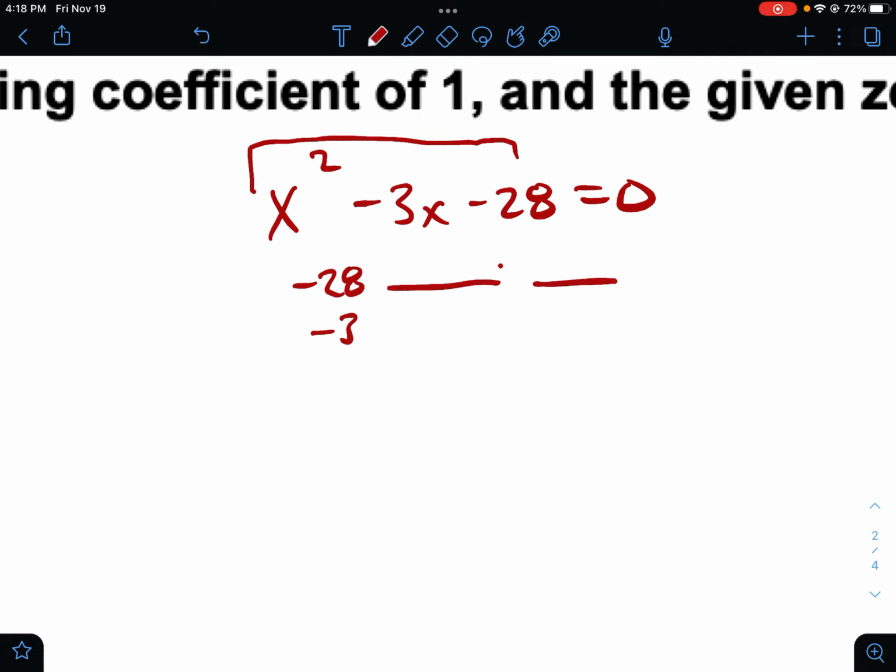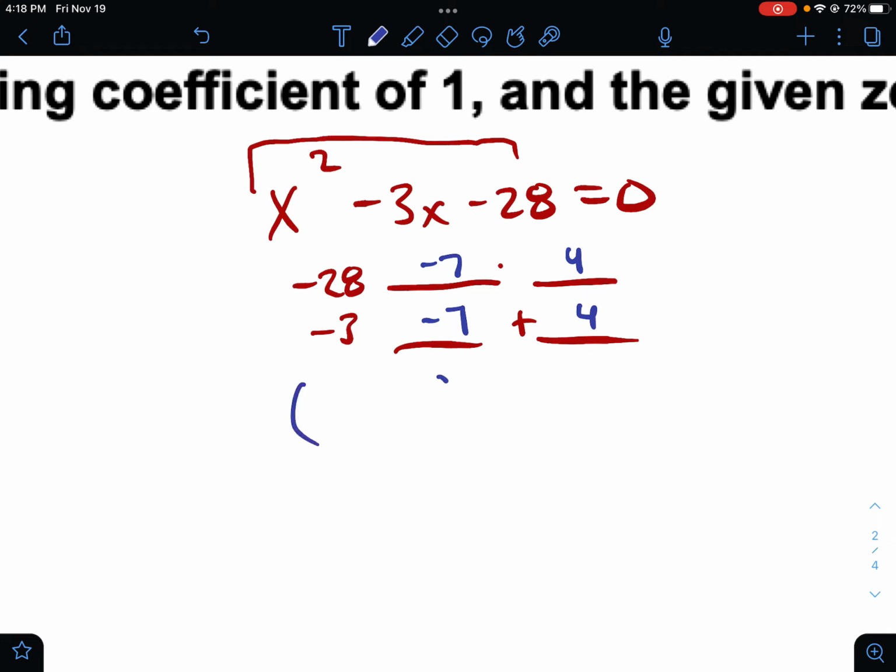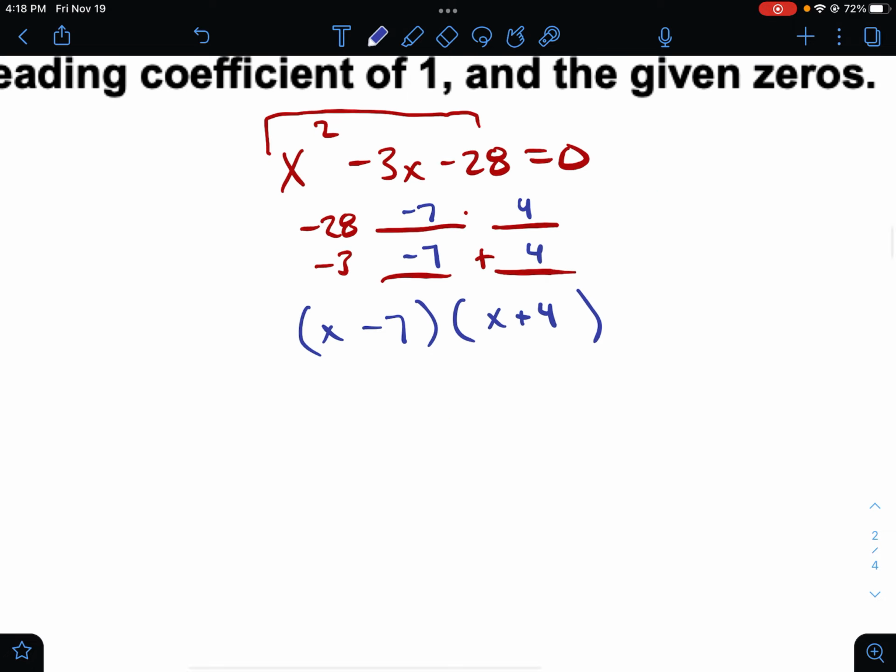B is -3. What multiplies to be -28 and adds to be -3? And so when you factor it, you're like, oh, okay, I think that's -7 and 4. -7 and 4 multiply to -28. -7 plus 4 is -3. So when you do your factoring, you get x minus 7 and x plus 4.